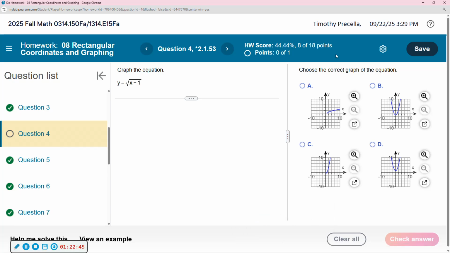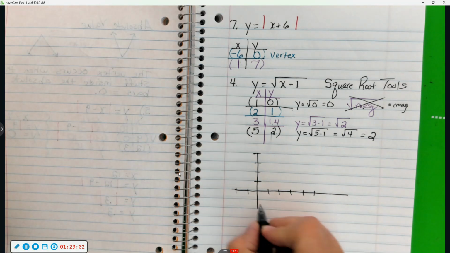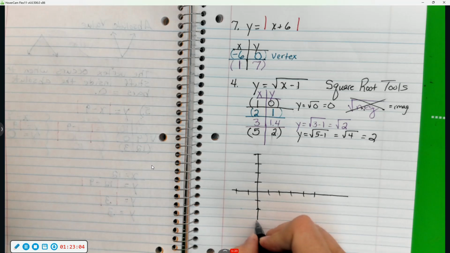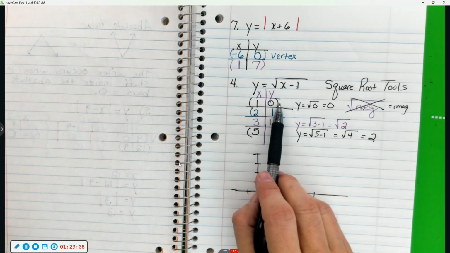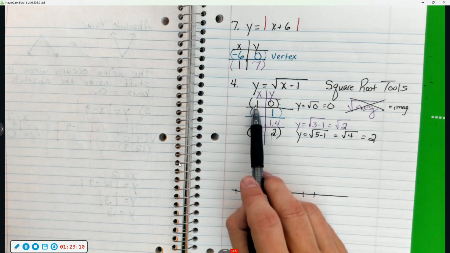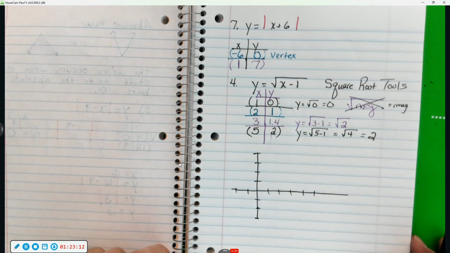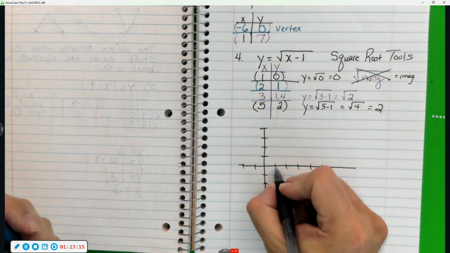Okay, so I'm actually going to sketch this out. Wait, let me switch over to the paper. Okay, there. If we just started plotting these points, right 1 up 0. This is 1. So right there.